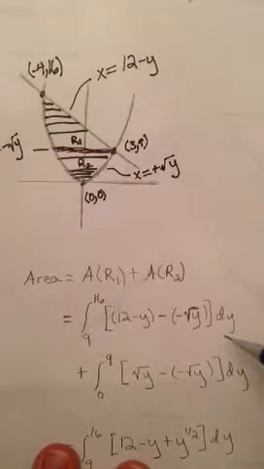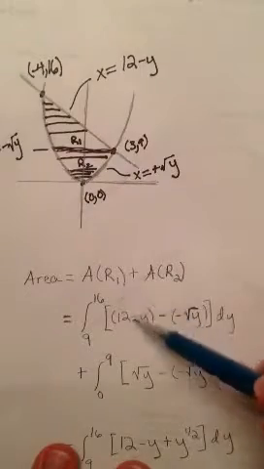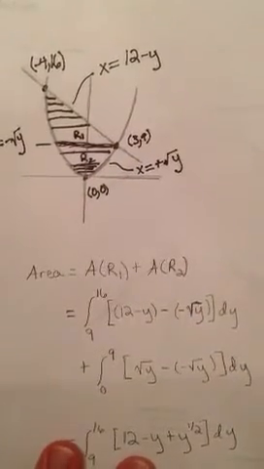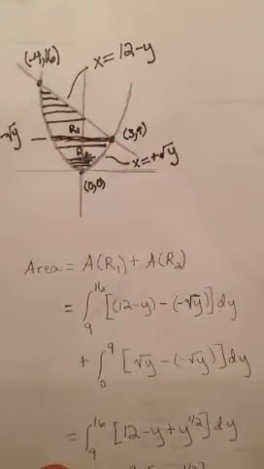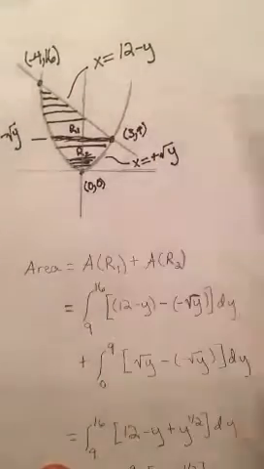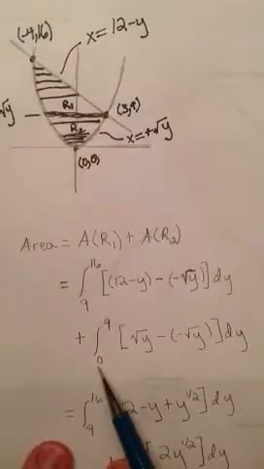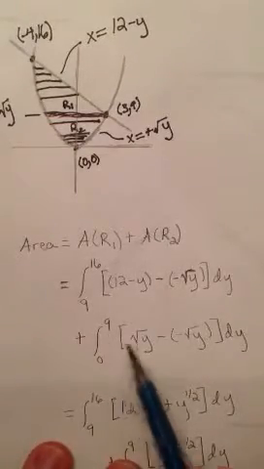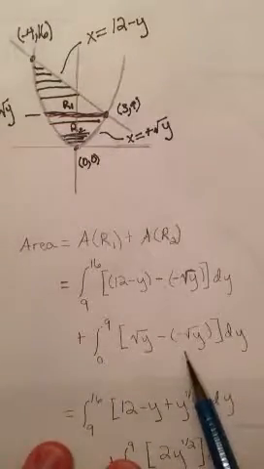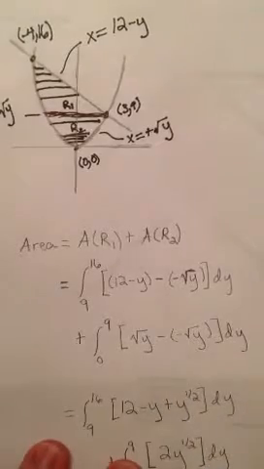This is what we have for the area of the first region. Then for the second region, or the lower region, you have positive square root of y, subtracting the negative of the square root of y, and so we had the integral set up from y is equal to 0 to y is equal to 9, again the difference between square root of y and its negative.